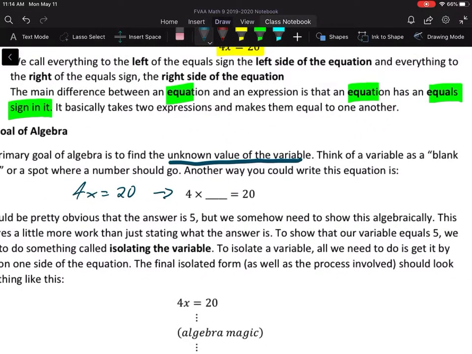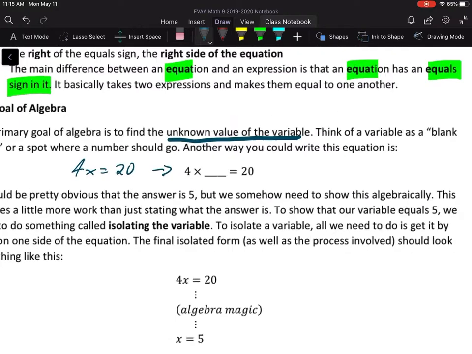We don't know what x is, but it's multiplied by the 4 to make 20. So if I were to ask you, 4 times what would give you 20, what would be the answer here? Maybe 4 times 5 would equal 20. So in this situation, we can determine that x is equal to 5.